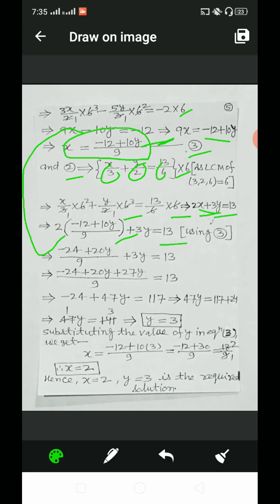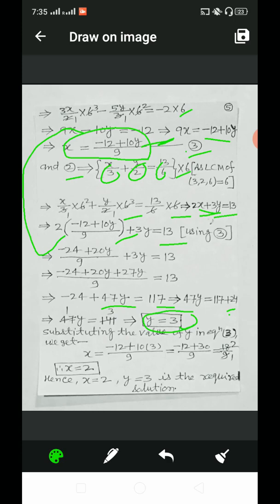And after solving here, we get minus 24 plus 47y equal to 117, and this implies that 47y equal to 117 plus 24, so 47y equal to 141, and on the basis of this we find the value of y, and this is equal to 3.